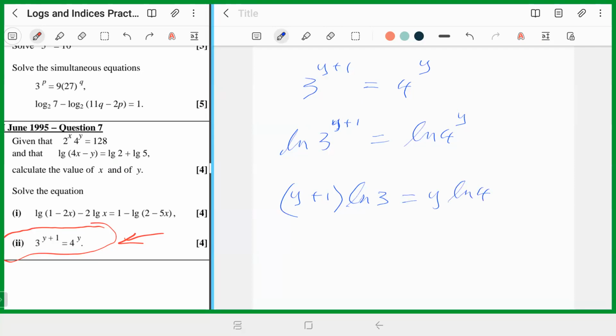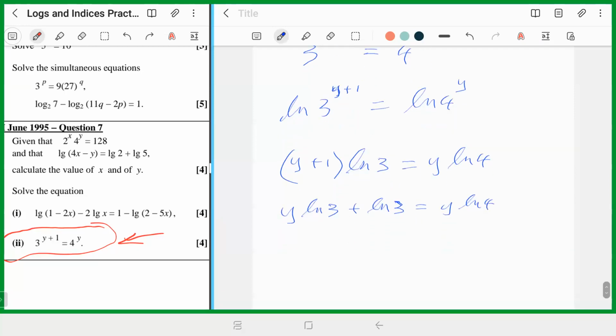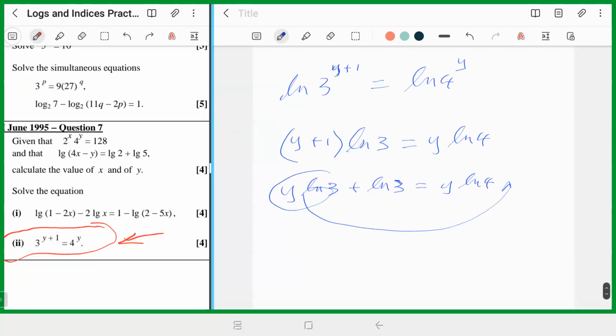I'm trying to find y. So to expand, group all the terms of y on one side. Expand this side, I get y ln 3 plus ln 3 equals y ln 4. I'm going to take this over here and subtract it. So I'm going to get ln 3 equals y ln 4 minus y ln 3.